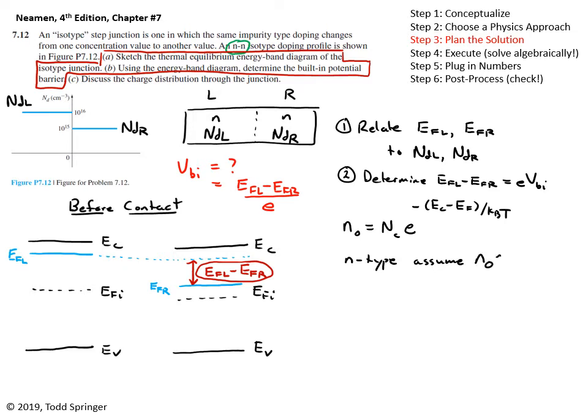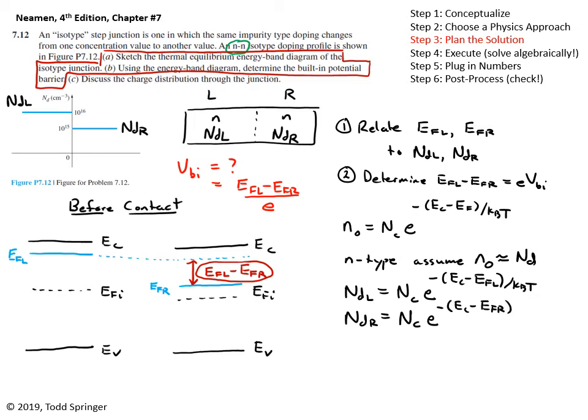So n0 is approximately equal to ND. So I've got one equation on the left, which is ND on the left is NC e to the minus EC minus EF on the left over kBT. And then one equation for the right, which is like this. Looks the same. Over kBT.